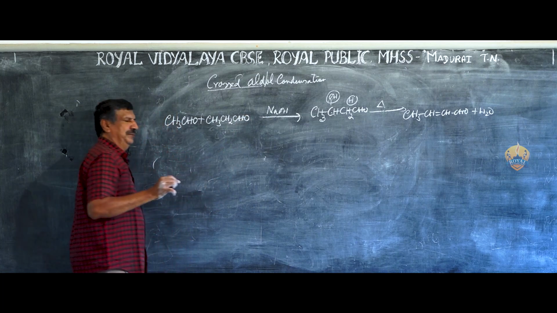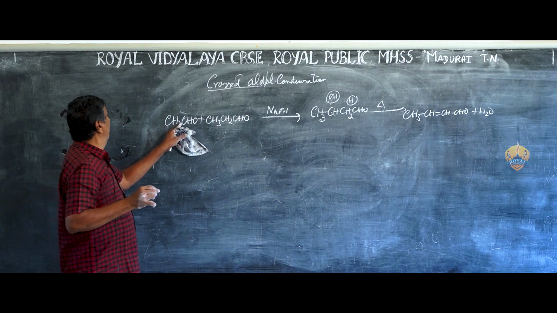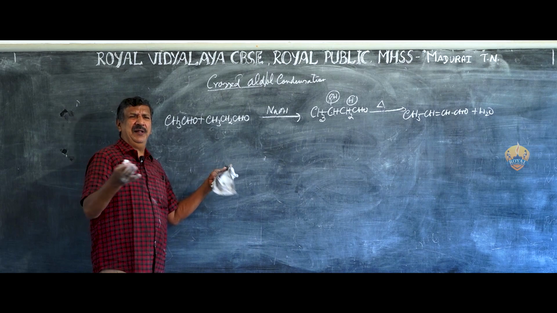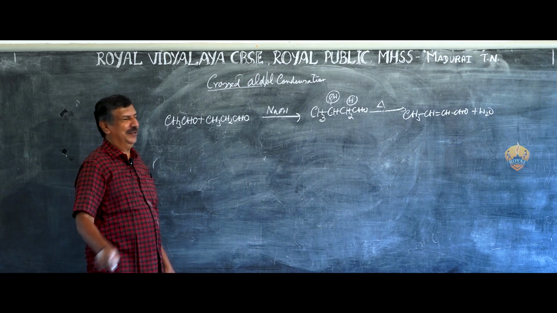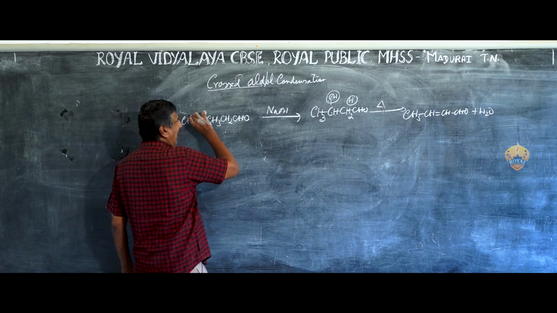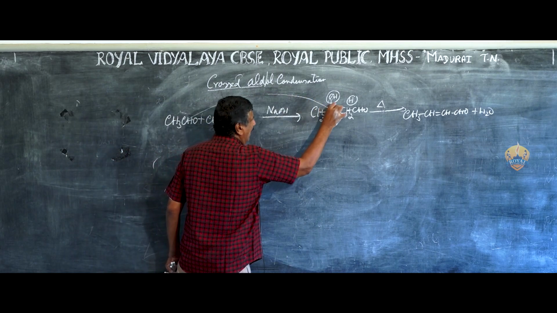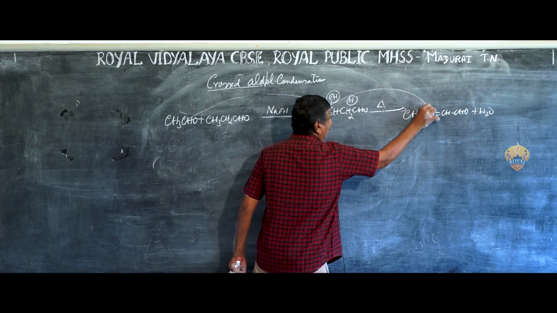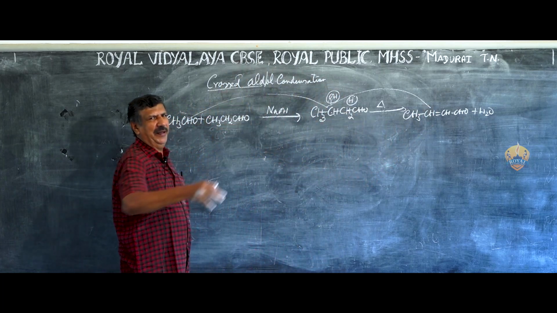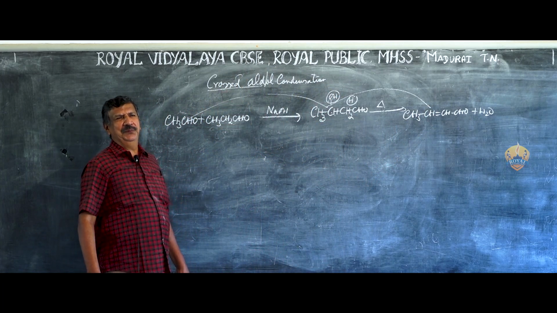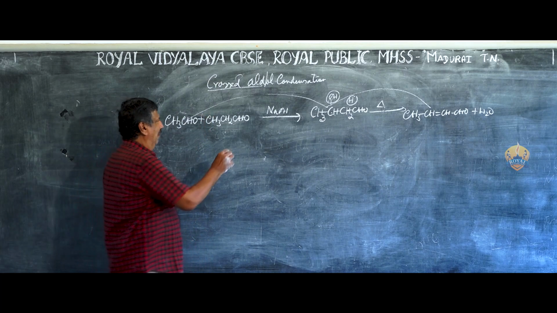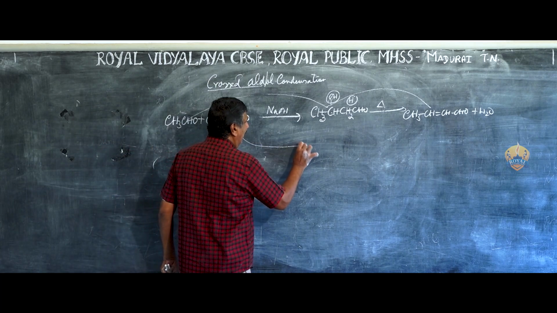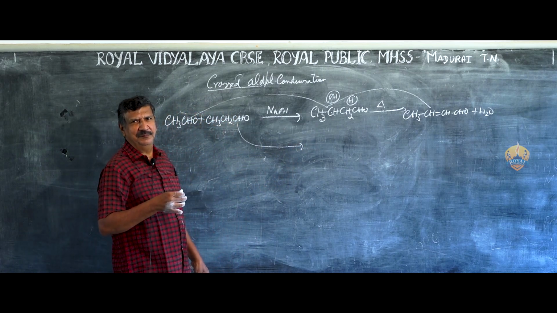When you use a mixture of two, it is called a crossed or mixed aldol condensation. For acetaldehyde, this is the expected reaction. But for this one, I am going to write here like this.